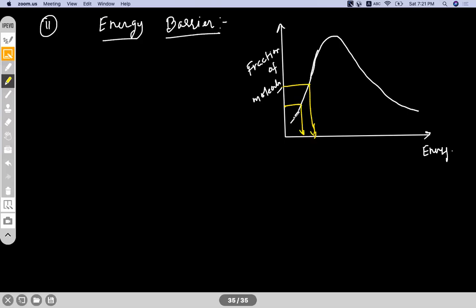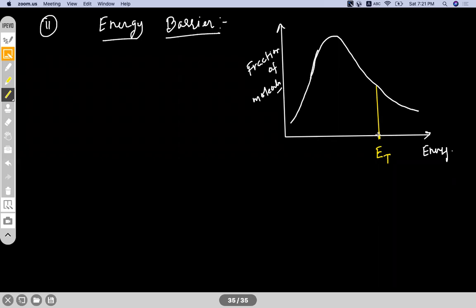So the minimum amount of energy that is required for the collision to be effective, that energy we call the threshold energy. Suppose I'm assuming the threshold energy is this. This is the ET we have. T stands for threshold energy, right? So corresponding to this energy, the fraction that we have, you see this? This is a fraction of molecules.